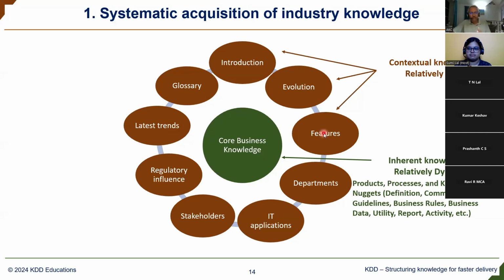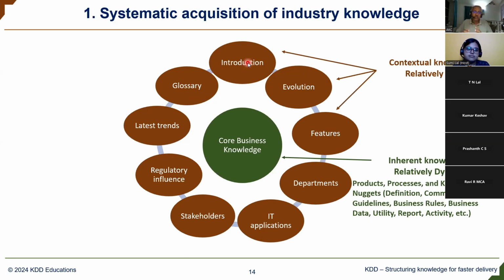You will have different applications, stakeholders, the trends, the regulatory influences, even the glossary, which is unique to each industry. All of this is captured, and it gives you an idea about the industry knowledge. We call it contextual knowledge because it gives you the context of that industry.